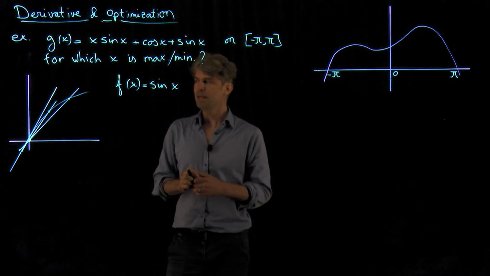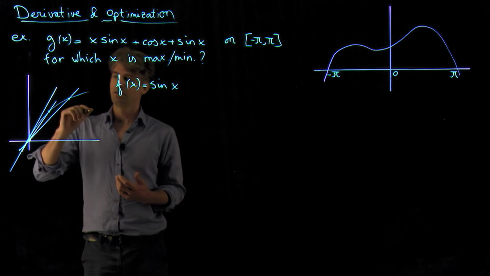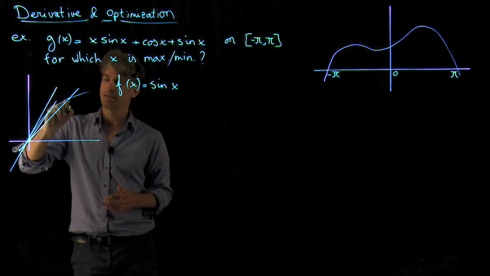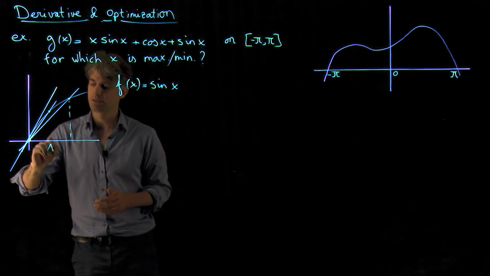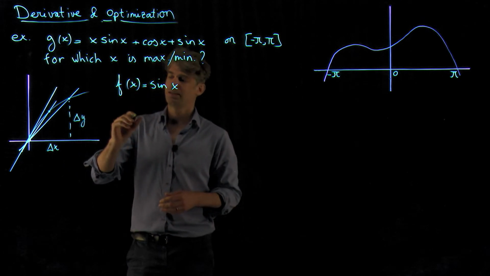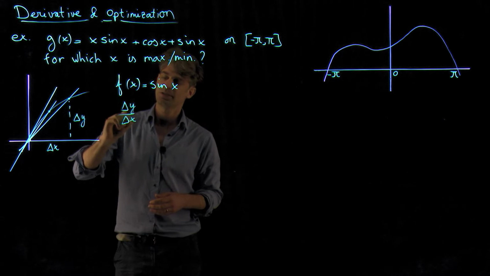Well, the slope of a line we know how to compute. We just need the change in the x and the change in the y. So there will be a delta x here, and there will be a delta y there. So delta y divided by delta x, that's what the slope is.